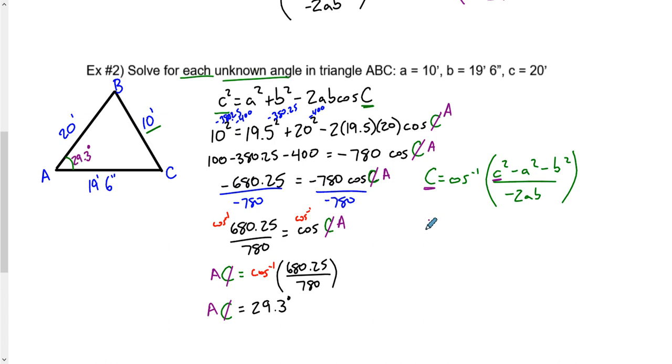So really, angle A is going to be the cosine inverse of 10 squared subtracting 20 squared subtracting 19.5 squared, divided by negative 2 multiplied by 20 multiplied by 19.5.